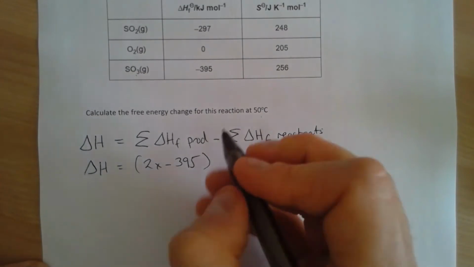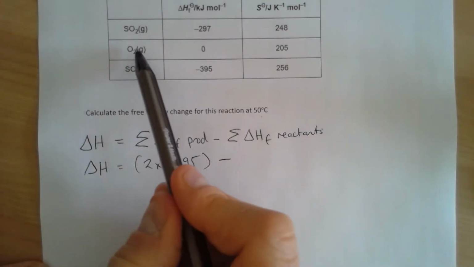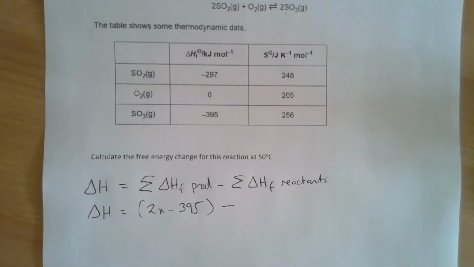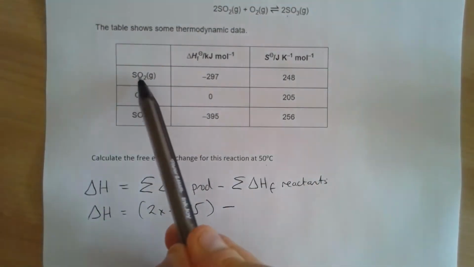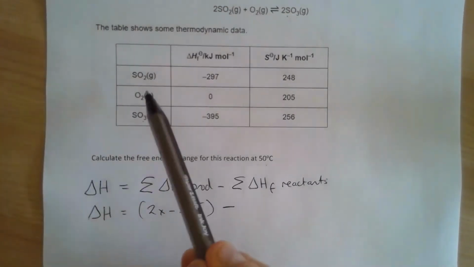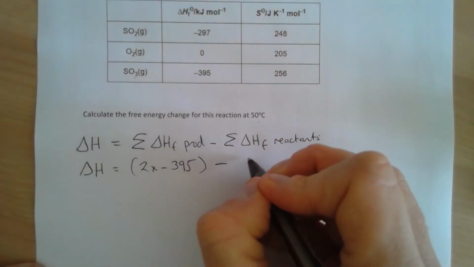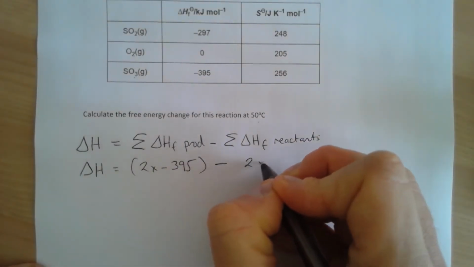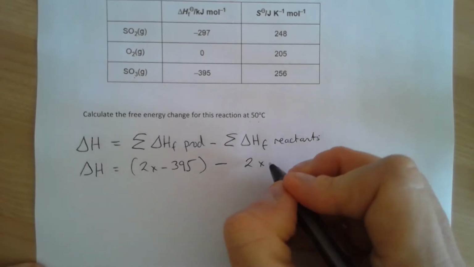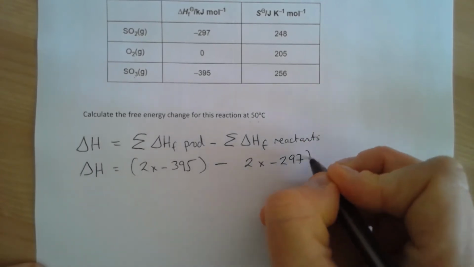And then we're taking away from that our reactants. So our reactants were 2 sulfur dioxides and 1 oxygen. So that will be minus 2 times minus 297.